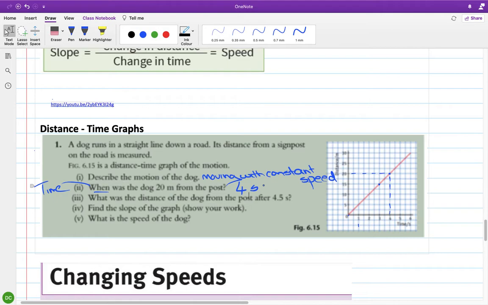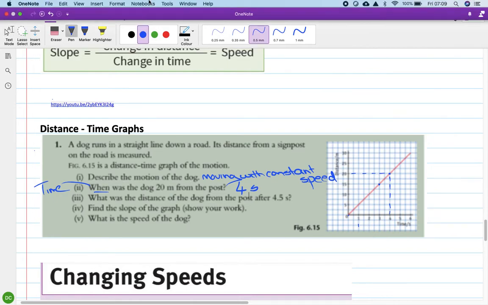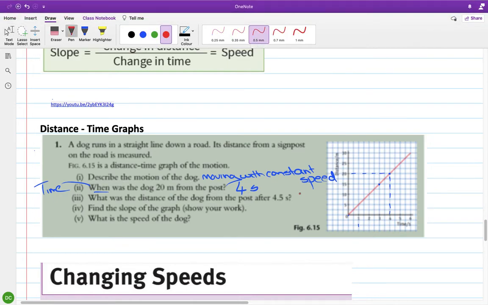What was the distance of the dog from the post after 4.5 seconds? Okay, so now we're in between 4 and 5. So there's 4.5 seconds. I'm going to go up till I hit my graph.